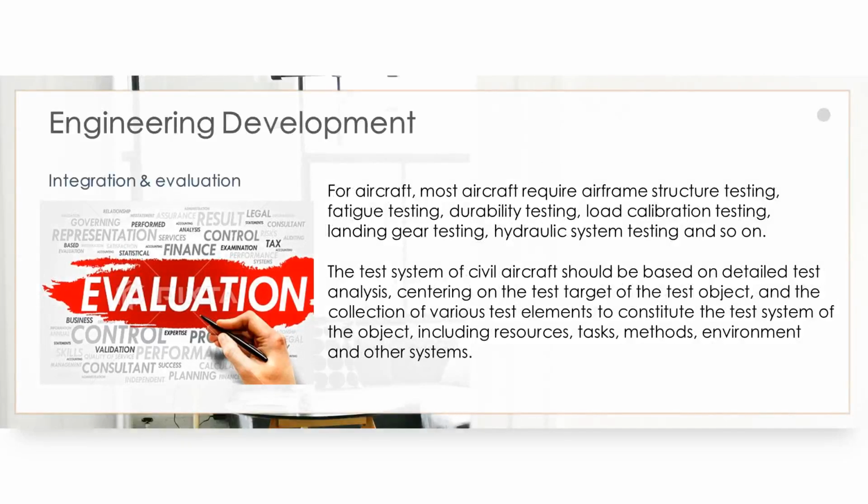For the aircraft requires the structure testing, fatigue testing, durable testing, load calibration testing, landing gear testing, and hydraulic system testing, and so on. And these things can cover all of the possible situations in the flight.